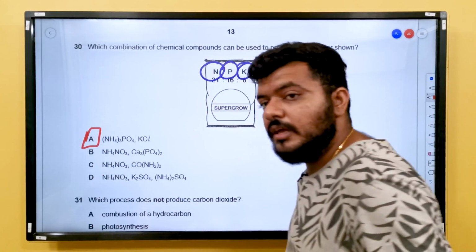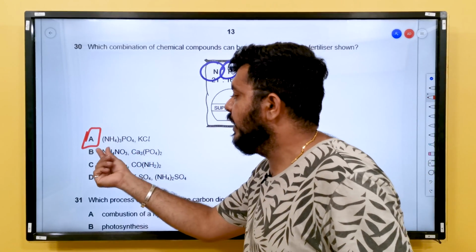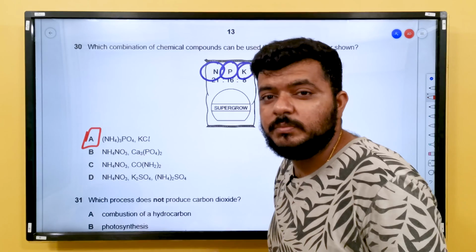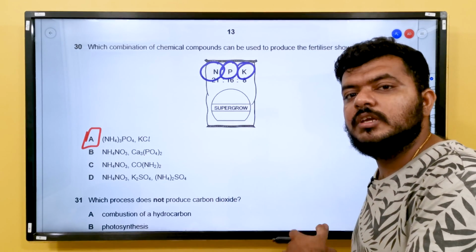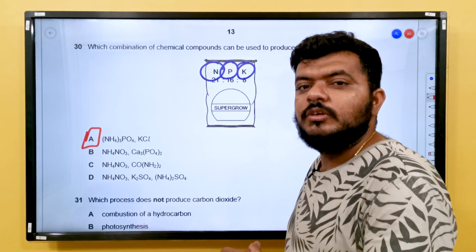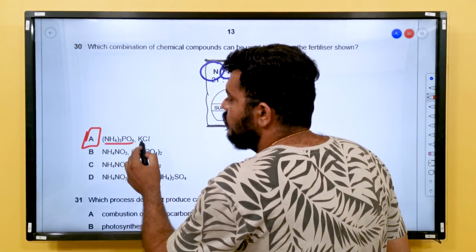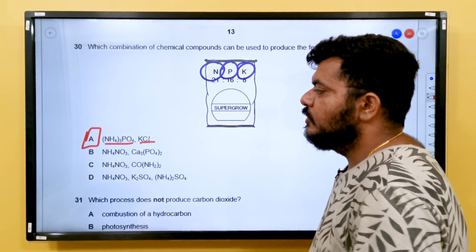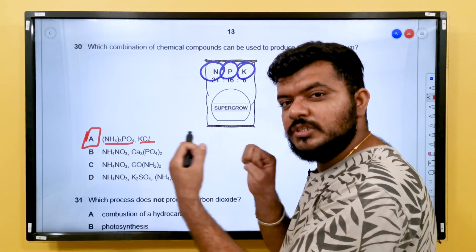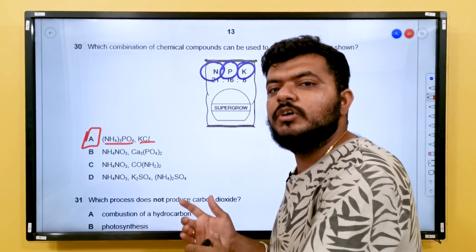But if, while solving this, you start to find out the amount of nitrogen, phosphorus and potassium present, if you start to find out the correct ratio in which they must be present, you will not easily reach a conclusion, because notice that these are two different salts, right? So the ratio of nitrogen and potassium may remain the same, but you can always change the ratio.